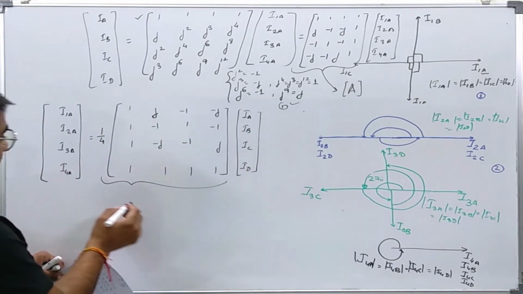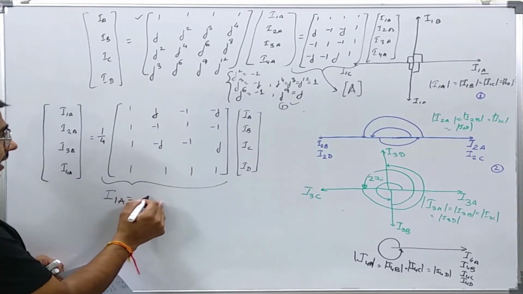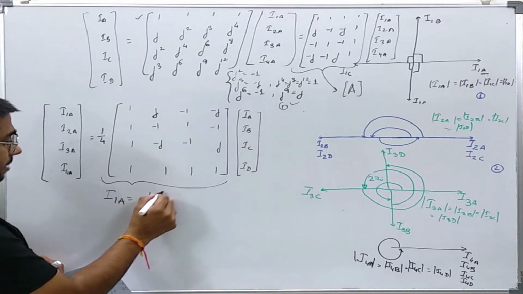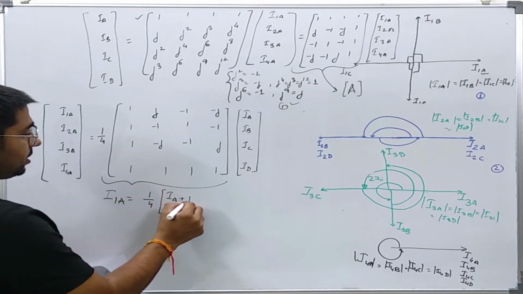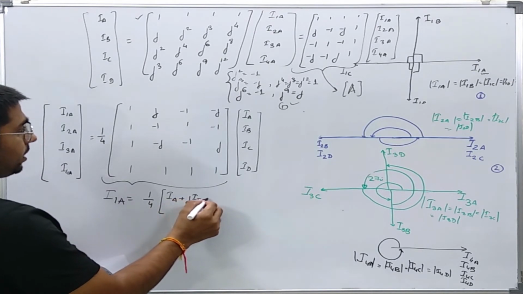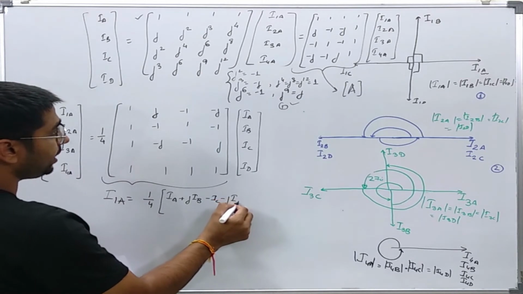So you can see that I1A can simply be written as 1 by 4 times IA plus JIB minus IC minus JID.